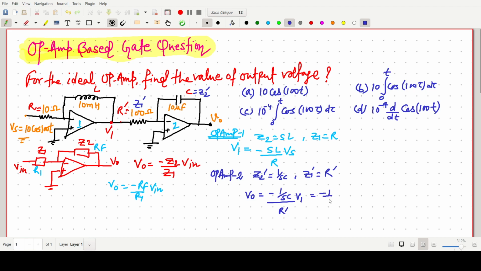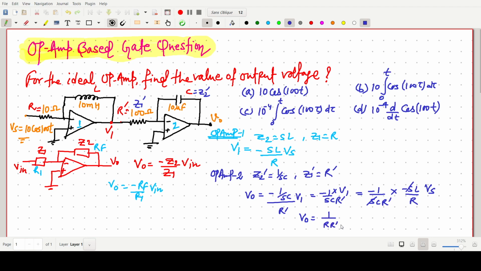V naught equals to minus 1 by SC R dash into, now we can put the value of V1 from this equation. So it should be minus SL by R into Vs. So from here this S and S should be cancelled.